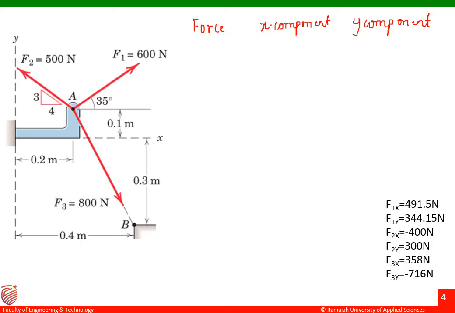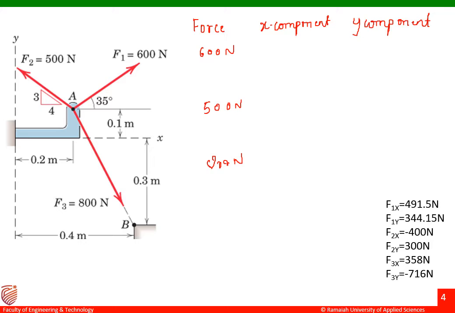So let me write my first force as 600 Newton, the second force as 500 Newton, and the third force as 800 Newton. Okay, these are my three forces here. So let me go for the first force, that is 600 Newton.